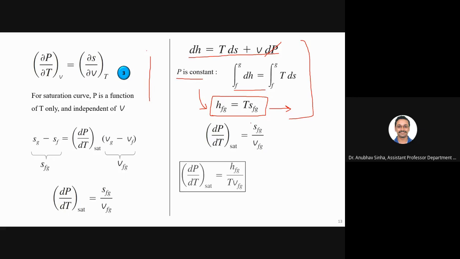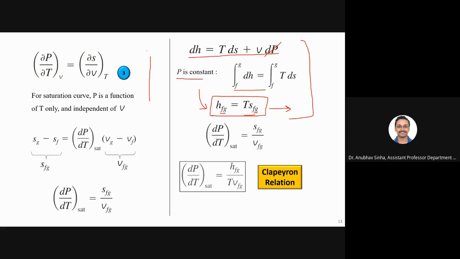Basically what we are saying is that H can be related to TS. That's all it's saying. The Clausius-Clapeyron equation is useful for phase change, when you have a liquid vapor interface, which is why we define it in terms of FG.